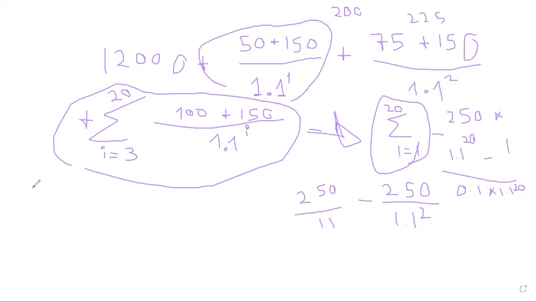So overall, if I group terms having the same denominator together, I will end up with the following formula. So I will have 12,000 minus 50 over 1.1 minus 25 over 1.1 square.